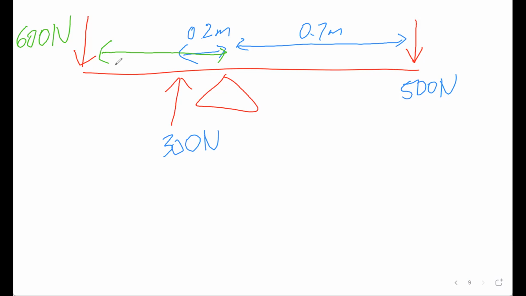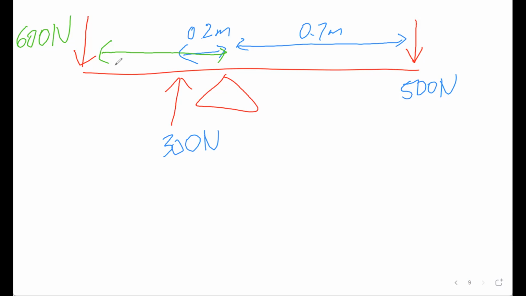0.3. Oh yeah, it's like that. No way it's going to be 0.3. Clockwise. Which one is clockwise and which one is anti-clockwise first? Identify it. Ah, 800 times 0.9.